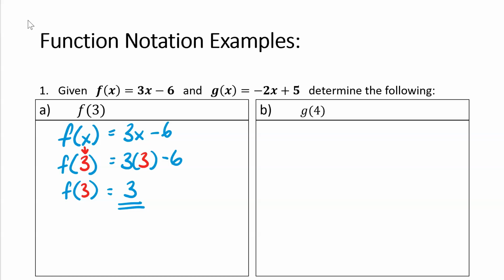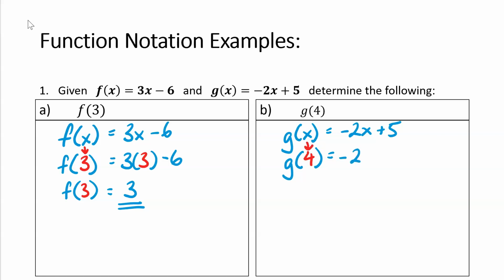For g at 4, the function g equals negative 2x plus 5. If you want to find the value of that function when x is 4, you'd say, what is the value of g when x is 4? So again, all you do is you substitute the number 4 in every time you see x.